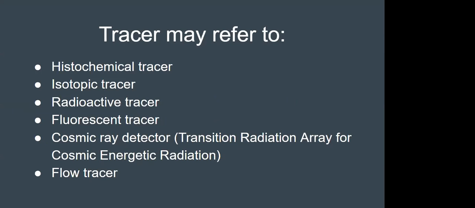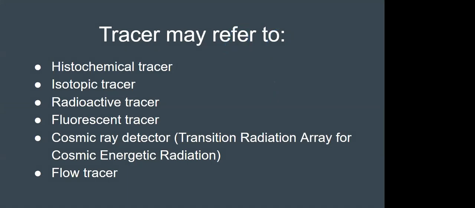And then the tracers refer to a list of types. Histochemical tracer is a substance used for tracing purposes in histochemistry, the study of the composition of cells and tissues. Isotopic tracer is a substance with an isotope that has been enriched to a greater level than found in nature.